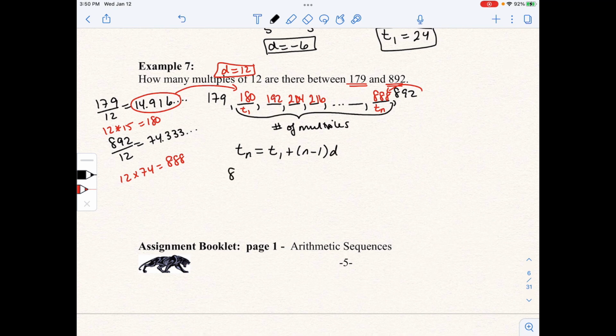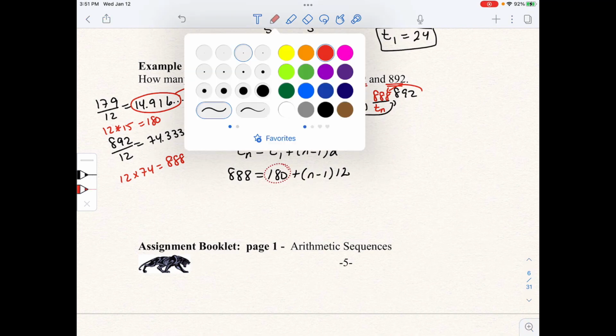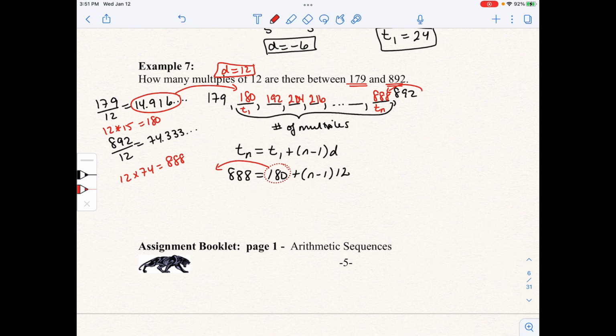So Tn is 888. I know the term. I don't know what n is. Term 1 is 180 and the common difference there is 12. So to solve for n, we're going to subtract that 180. So 888 minus 180, 708.